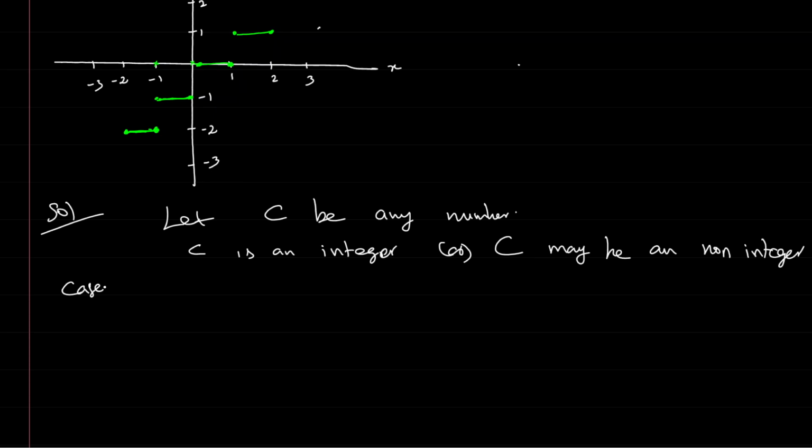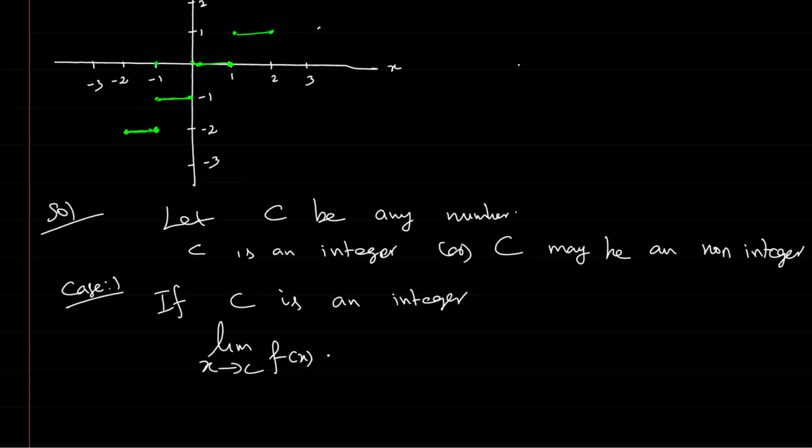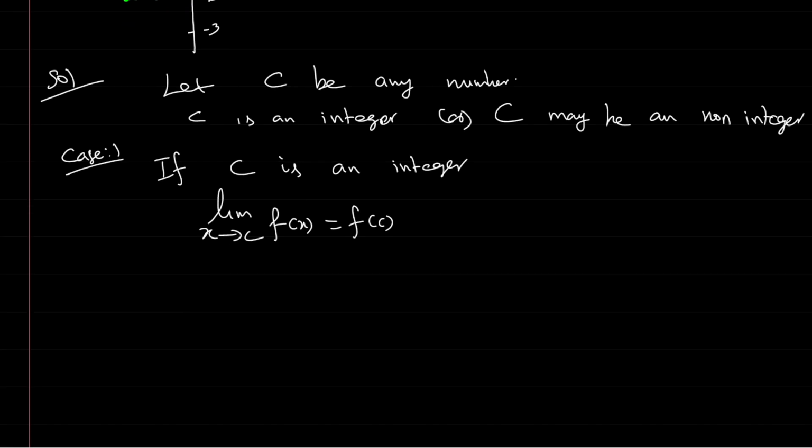Case 1: if C is an integer, what about the limit as x tends to C of f of x? We have to check whether it is equal to f of C or not, right?